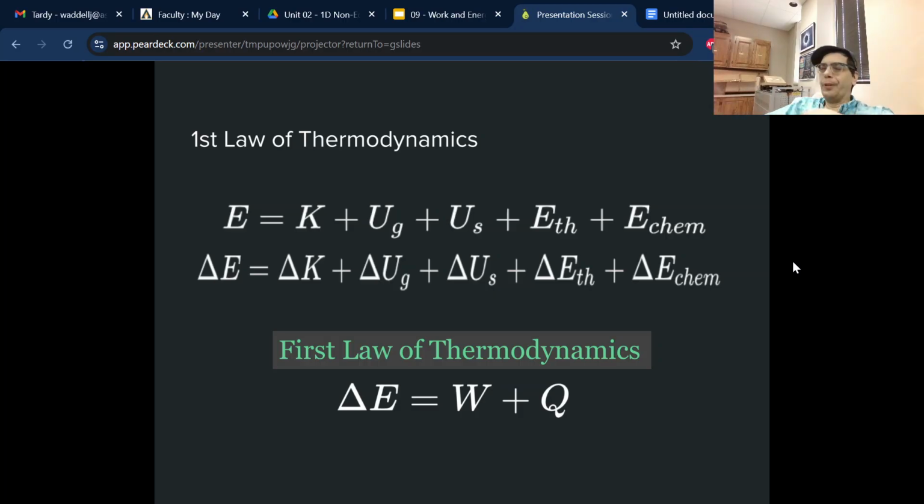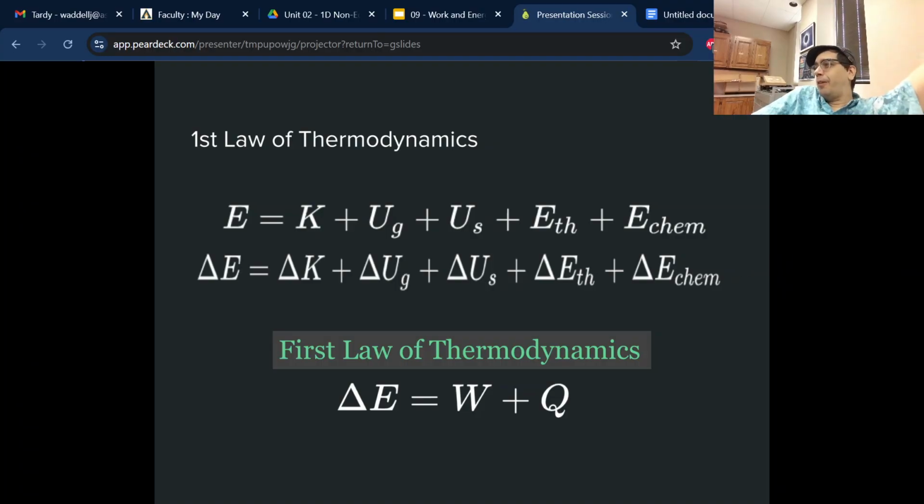Well, it is chemical potential energy, but I wanted to say chemical energy. Change in nuclear energy, change in electrostatic energy, all these other types of energies also. But this equation is useful because if there are types of energy that aren't changing, their delta E is 0, we can just ignore them.